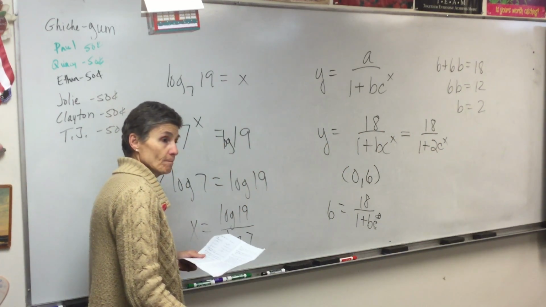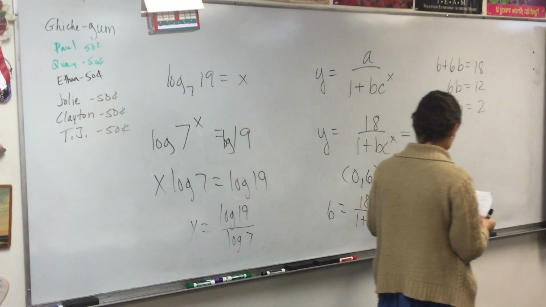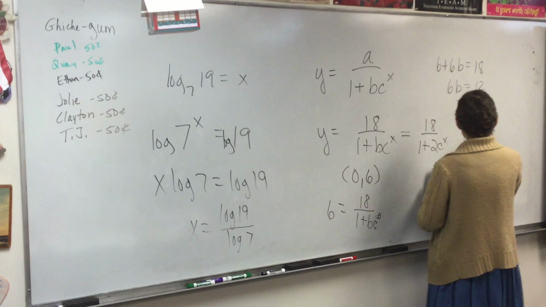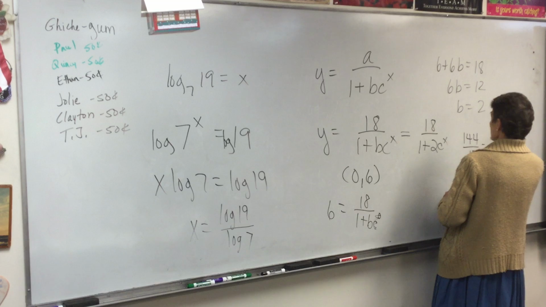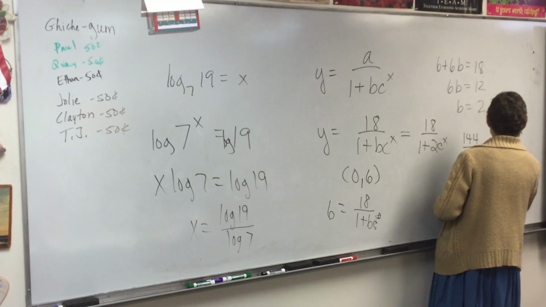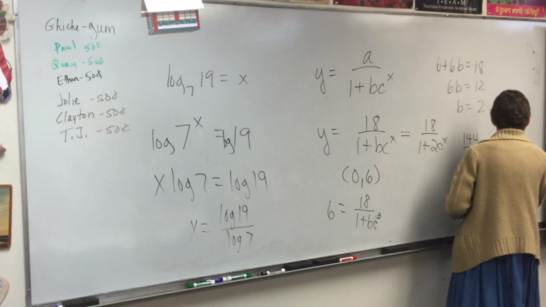And then what do I do? I plug in the other random point they gave me, which is 144/17, is that right? 144/17 equals 18 over 1 plus 2c to the 2. There we go.